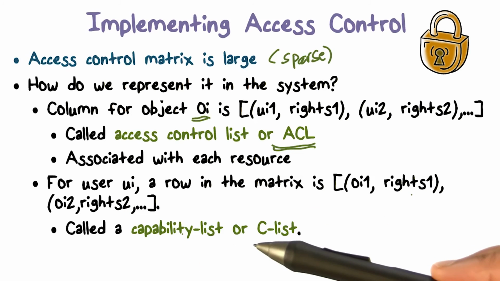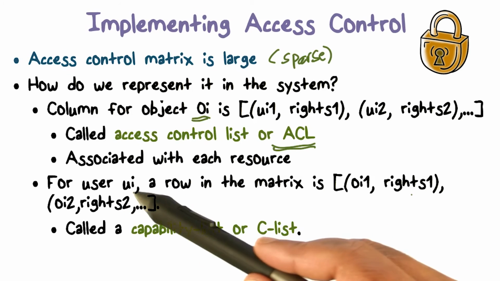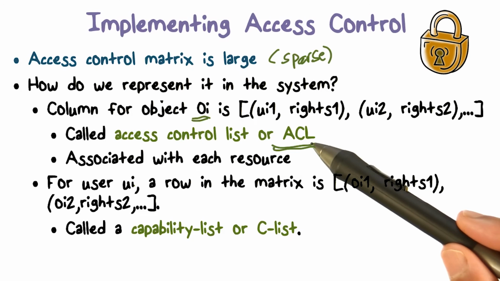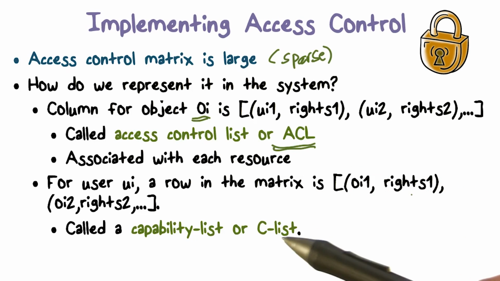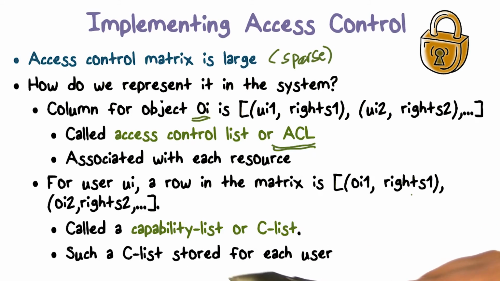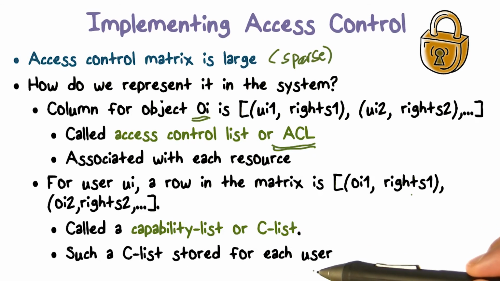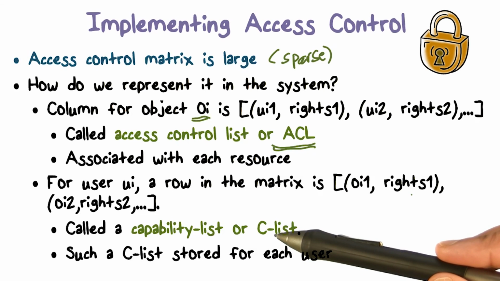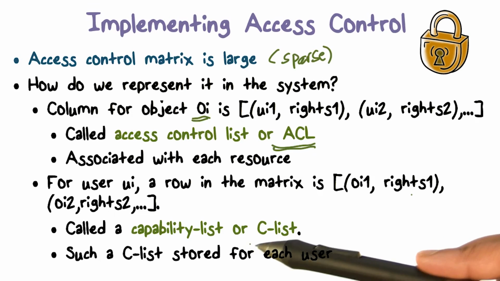So it's called a capability list, and it is for a given user Ui. Remember, ACLs are for an object. Capability lists are for a user. A CList is going to be associated with each user we have in the system. Remember, we have a row in the access control matrix for each user, and each row really is a CList. It's a list representation of what's in that row. So CLists are for users, ACLs are for objects.